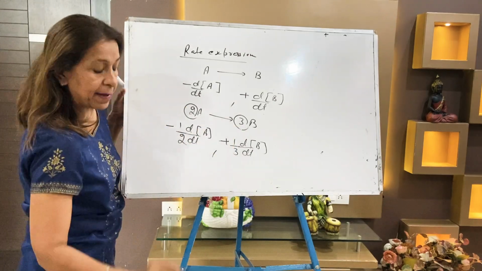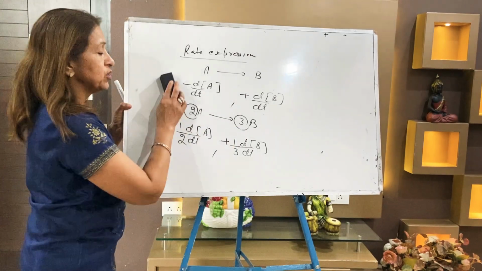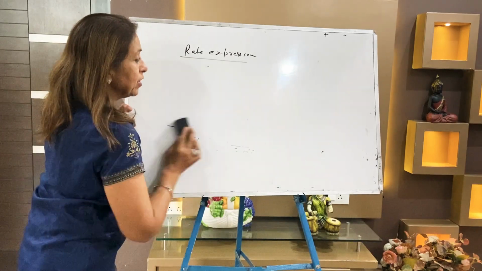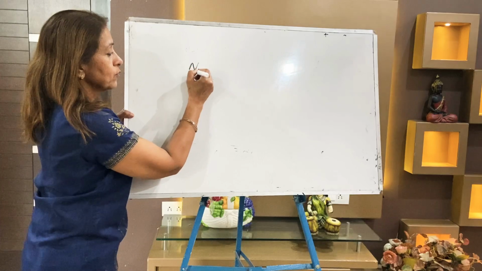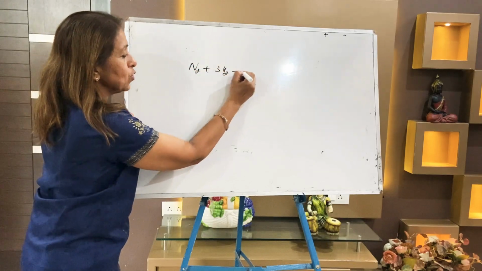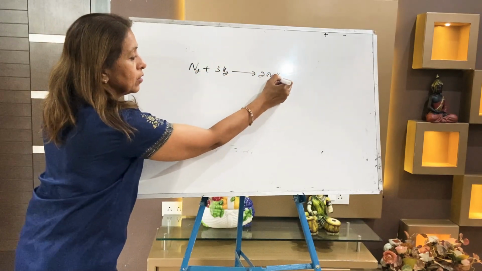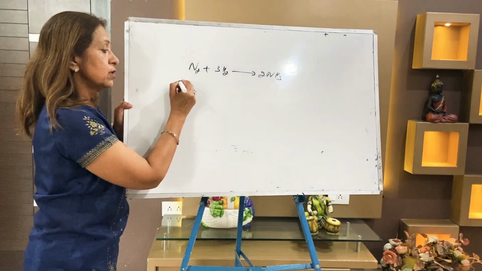Now I am taking a chemical equation in place of the general one: N2 plus 3H2 arrow 2NH3. How will you write the rate expression?